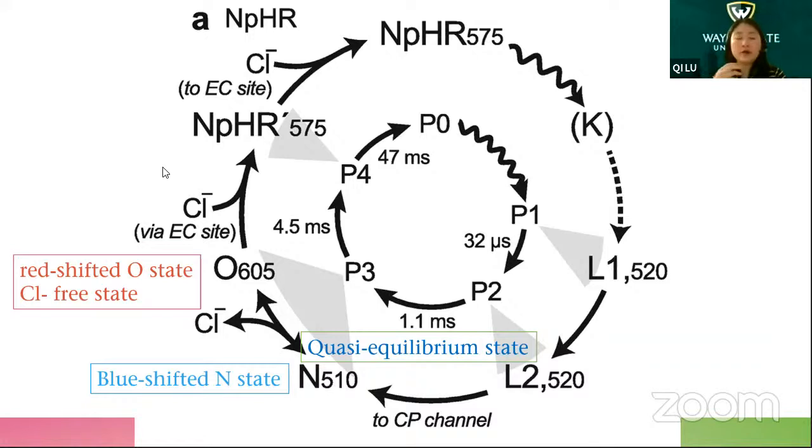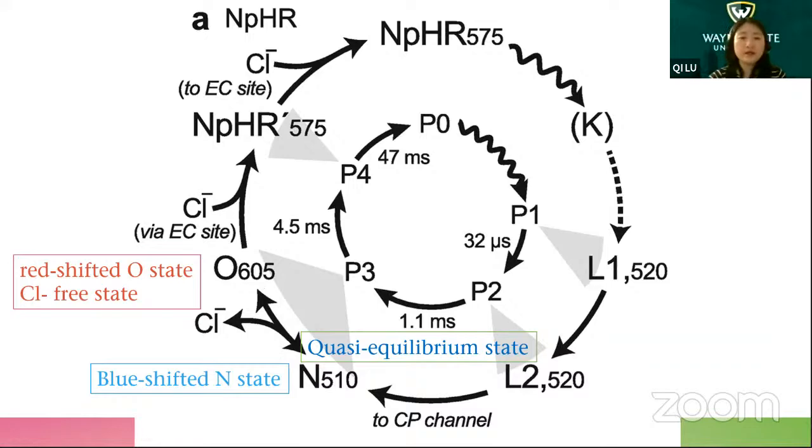But since the O state and N state happen together and exist in equilibrium, it can switch between these two states. Then which state is closer to the HR prime state, and which one is the upstream step?